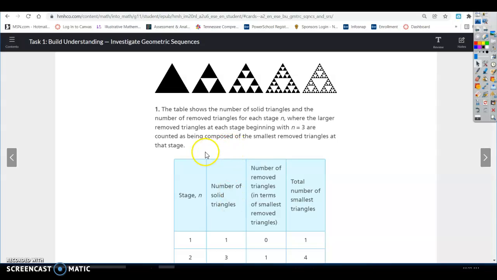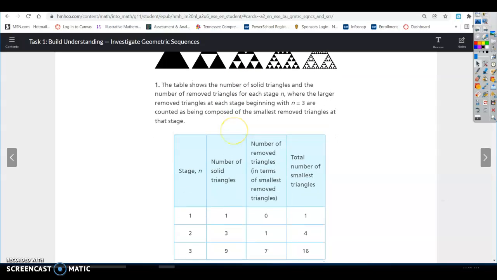So what that means is, if I have a small triangle, the small triangles are the ones that we're counting here in stage 3. So if I take this white triangle and I can put it here, there's going to be 1, 2, 3, 4 of the small triangles in this larger triangle here. So the removed triangles would be 1, 2, 3, 4, 5, 6, 7.